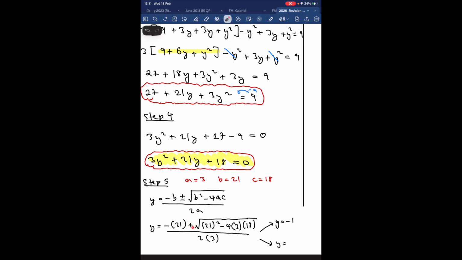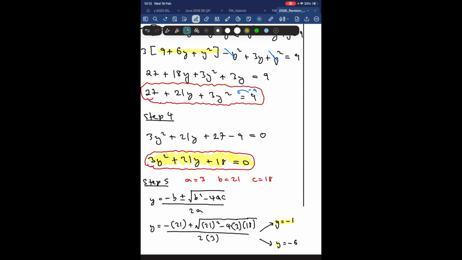If we change that plus to a minus, we're going to get another value for y, and that's going to give us y is equal to minus 6. So when we solve this quadratic equation, and again, I'm not doing this explicitly, this is the only bit of working that you need to show, you're going to get two values of y: y is equal to minus 1, y is equal to minus 6. So those are your two values of y.